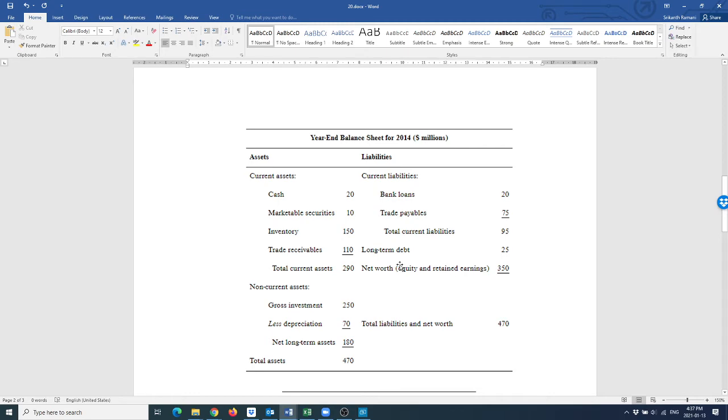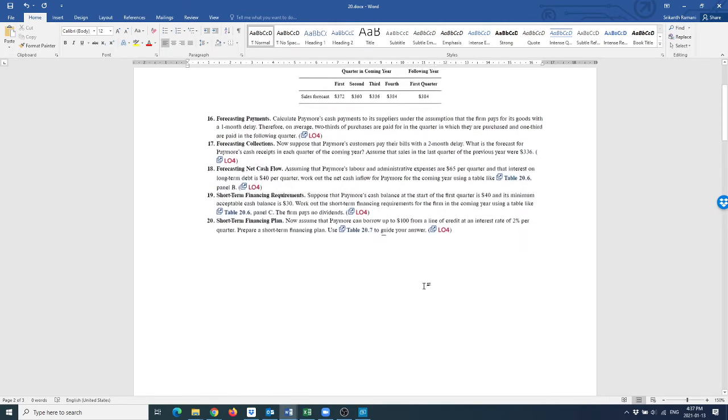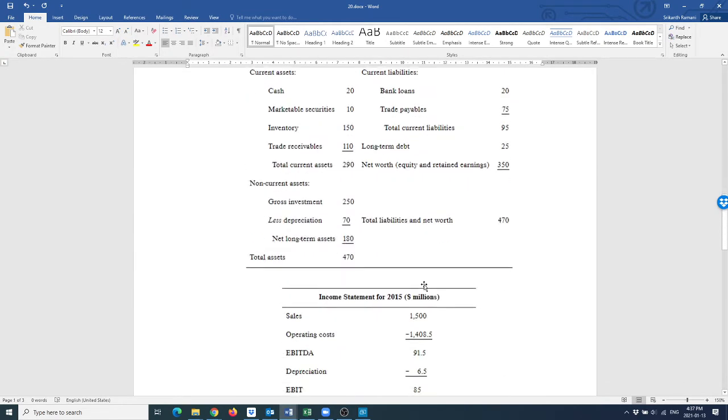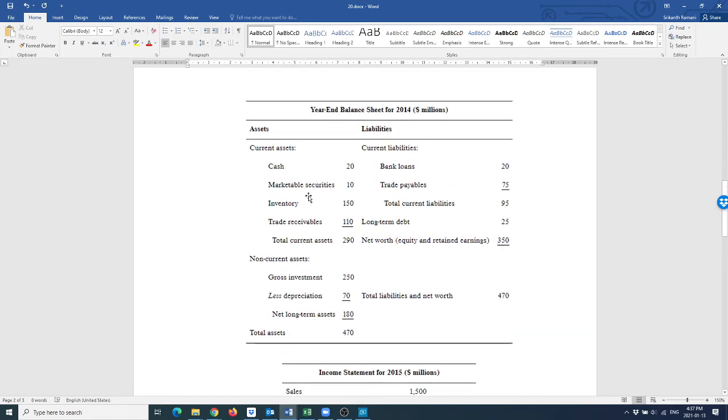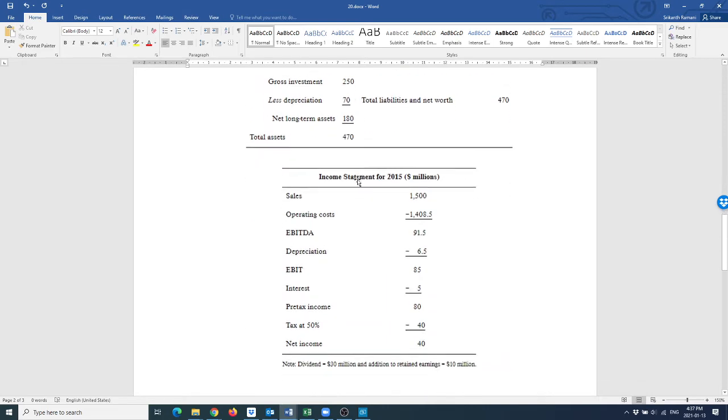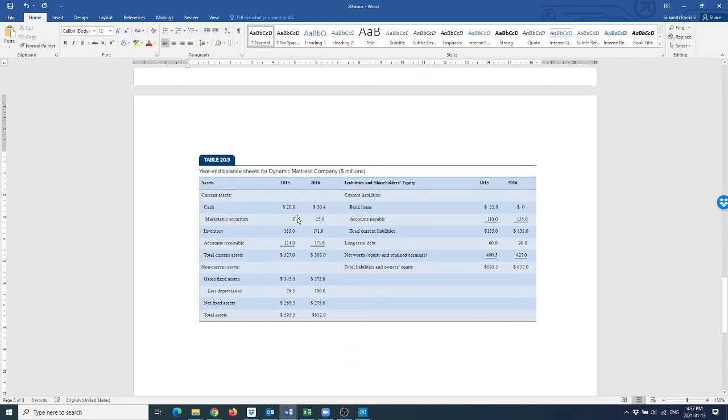In the short term, you have bank loans and marketable securities. Bank loans would fall under financing cash flow, and marketable securities can be thought of as investments cash flow. Marketable securities is $10 over here, and in 2015, marketable securities is $0.